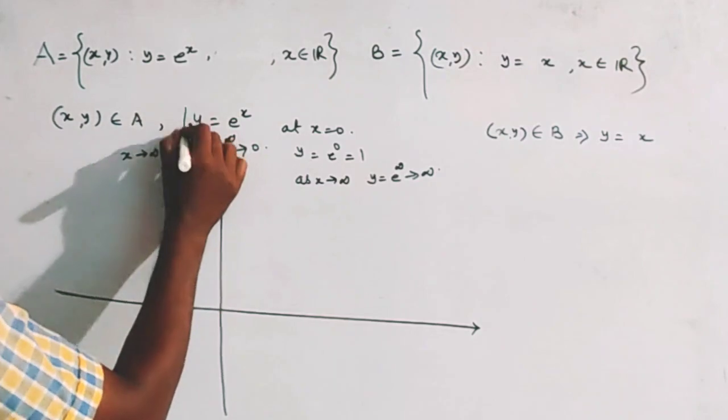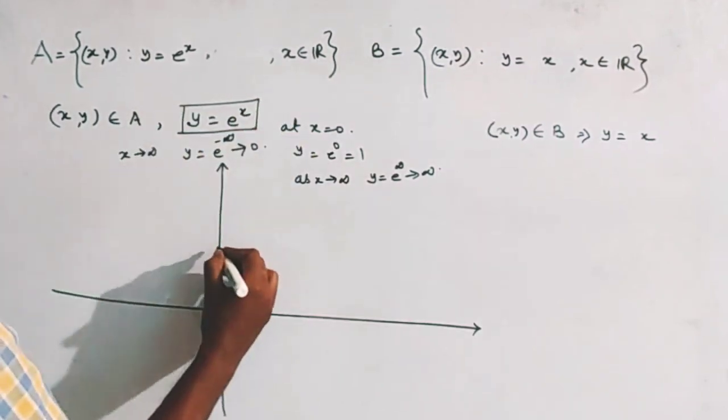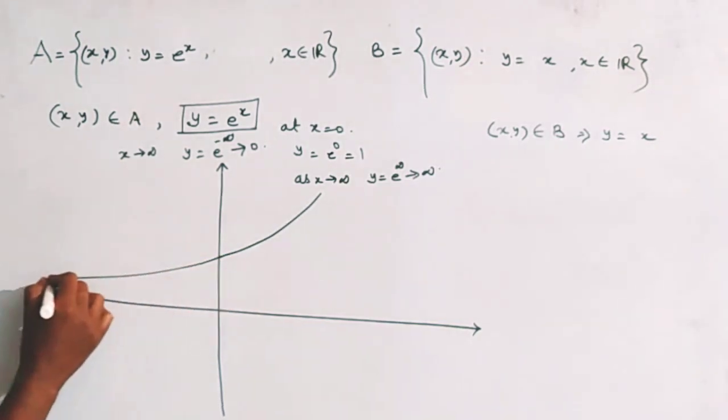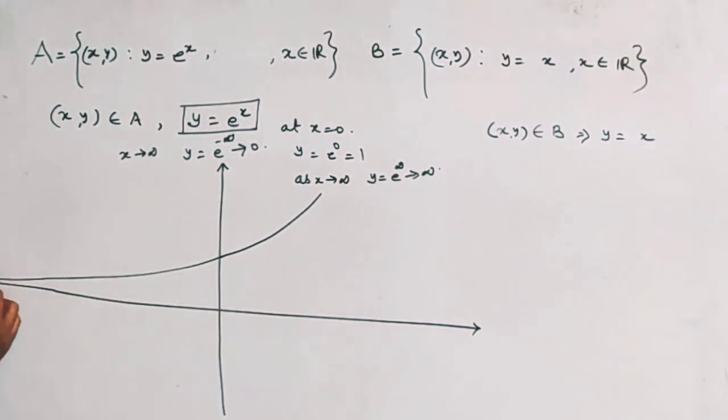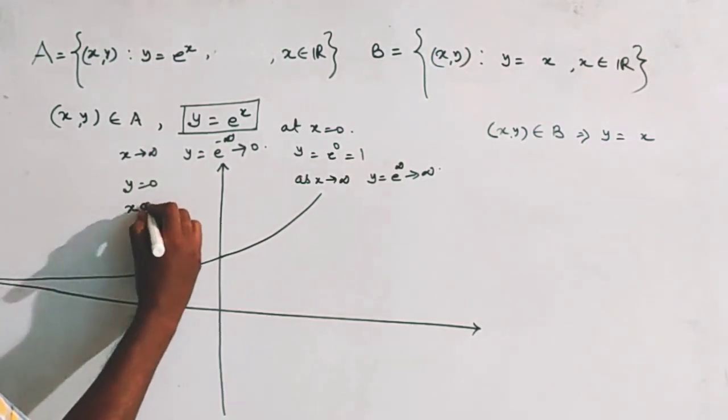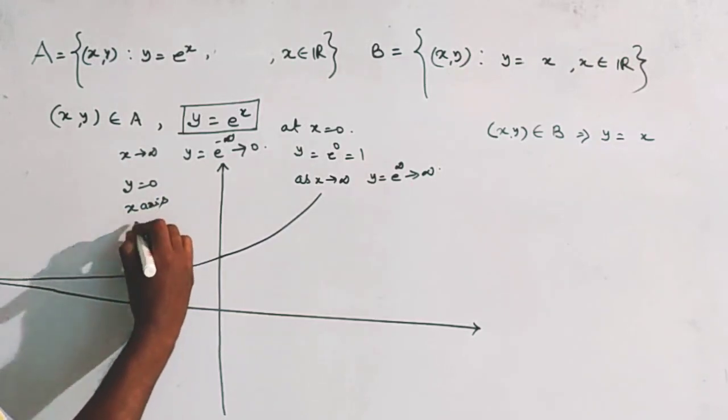So the exponential curve looks like this. Here y equal to 0, that is the x axis, is the asymptote.